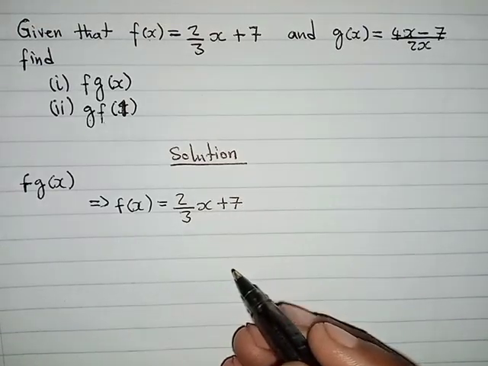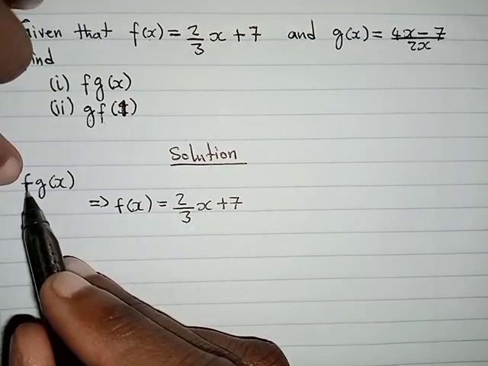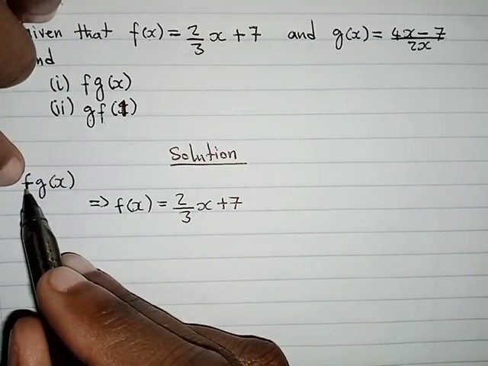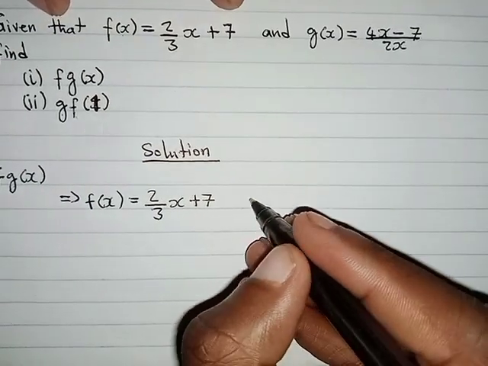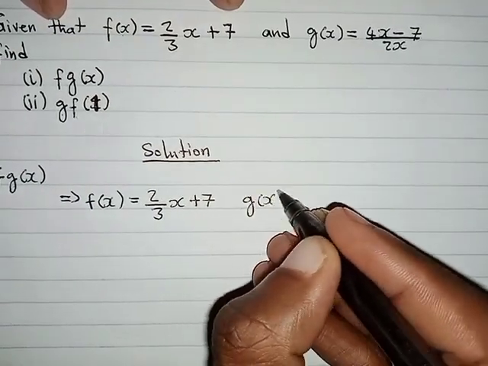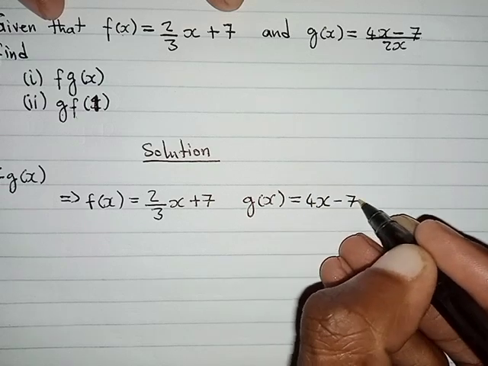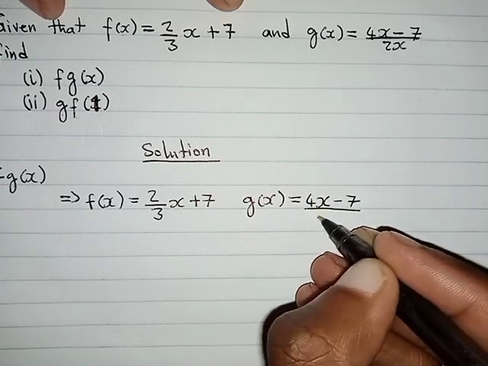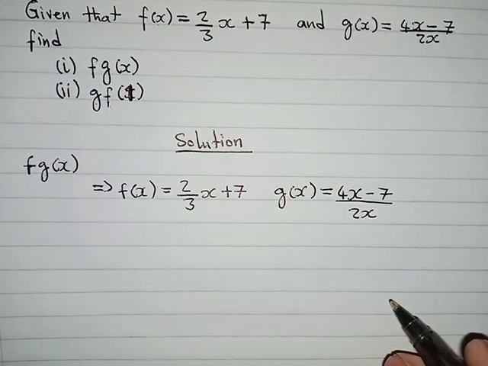This is our first function. Then the second function is g(x), which is equal to 4x minus 7 divided by 2x. So these are the two functions we are dealing with.